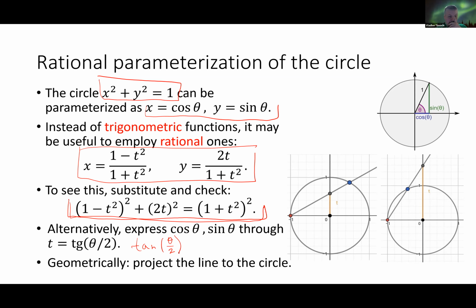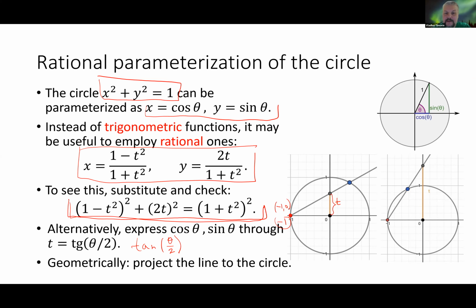Geometrically, this also has a transparent meaning. The t, which is the tangent of theta over 2, is this y coordinate where you fix some point of the circle. In this case, you fix (-1, 0) as a point of the circle. And then you consider all lines through this point.